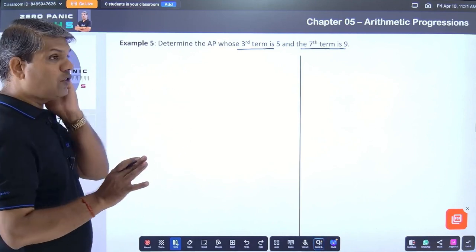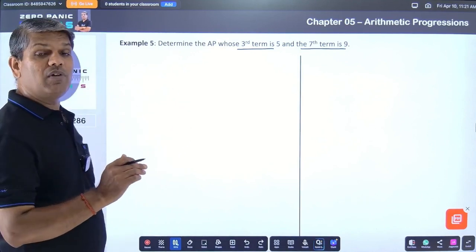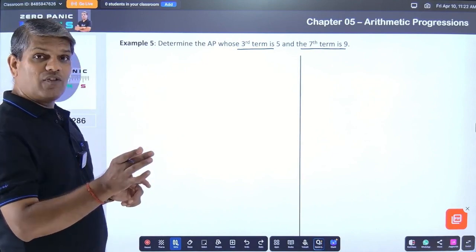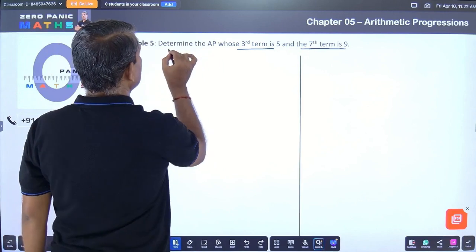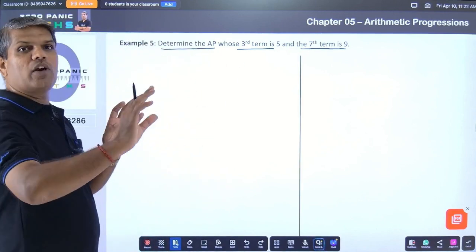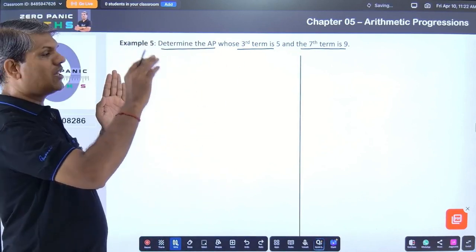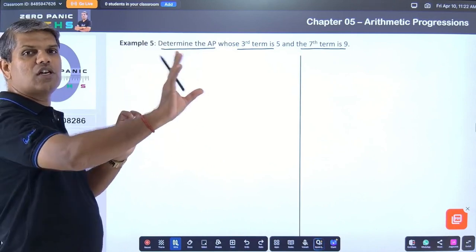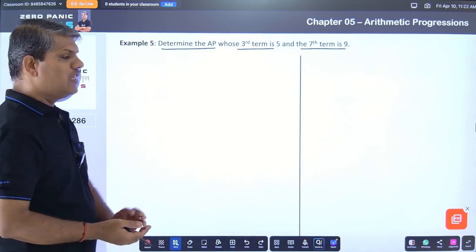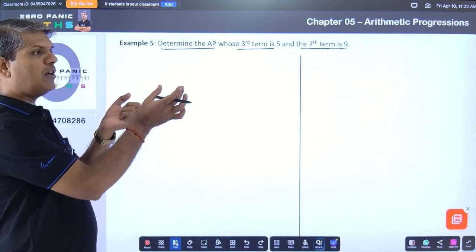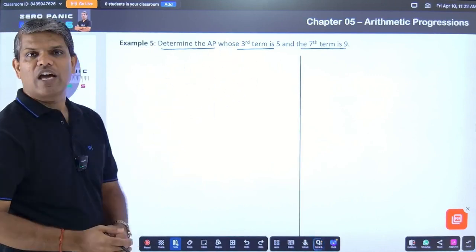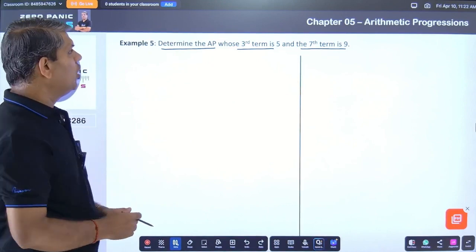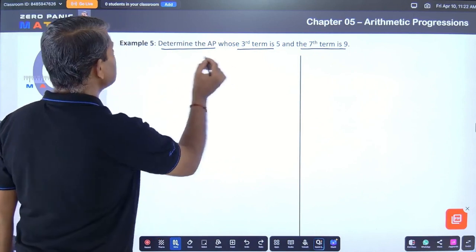We have to find out what is the first term and what is the common difference, because we have to determine the whole arithmetic progression, starting from first term, second term, third term, at least 3-4 terms we need to write. If you get the first term and the common difference, you can write the whole arithmetic progression, right?